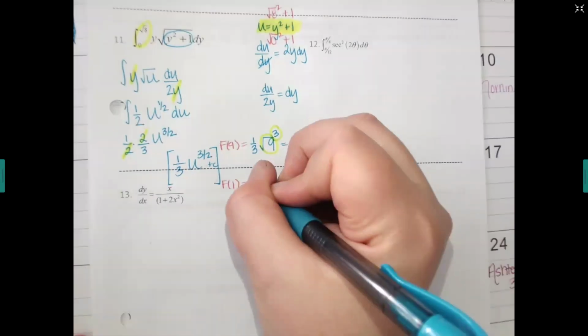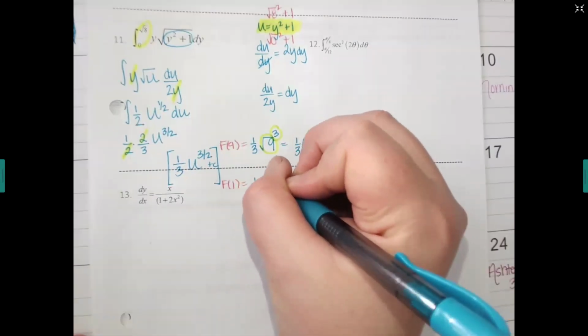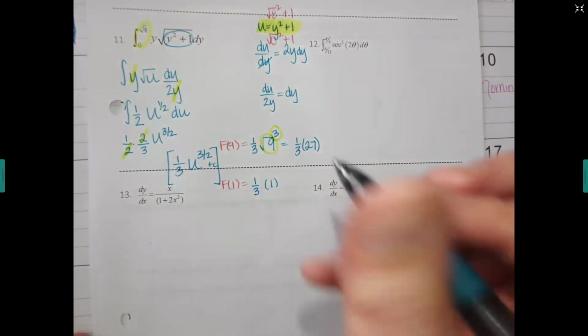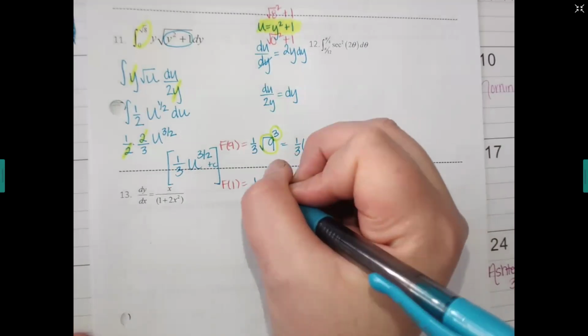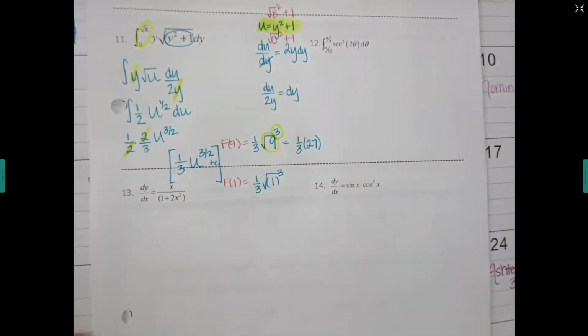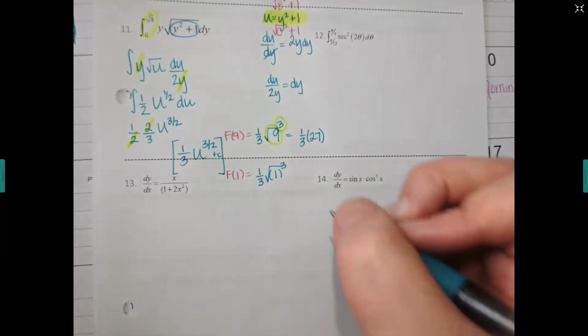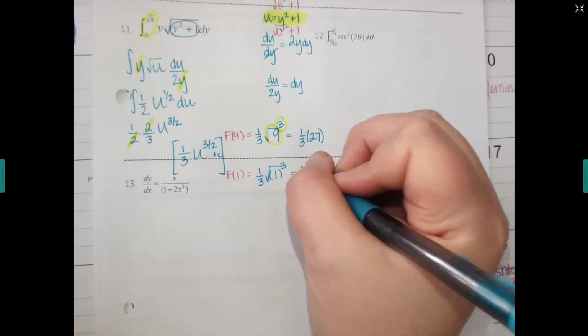So I'm going to have a third of 1 to the 3/2 power, but in my head, I know that 3 means I'm going to cube it, and the square root comes from the 1/2. But then what's the square root of 1? 1, and 1 cubed is still 1. So I have a third of 1.